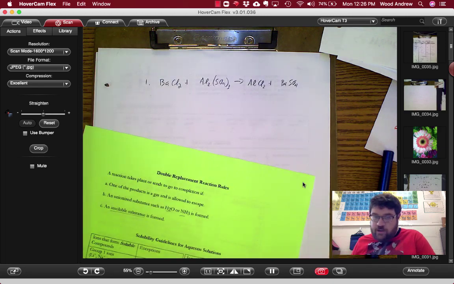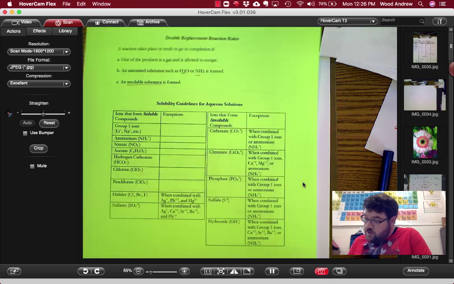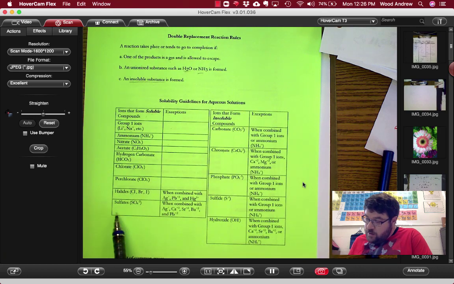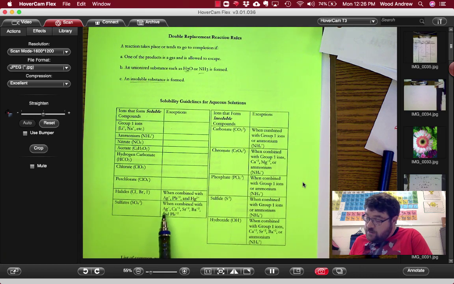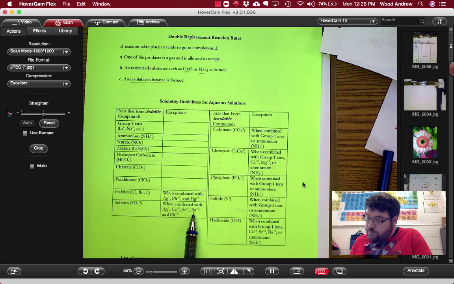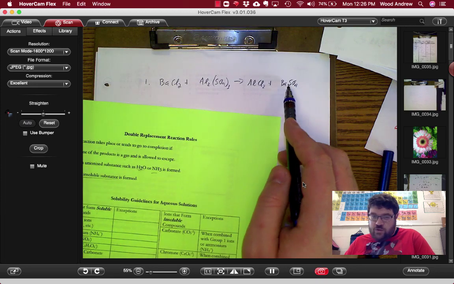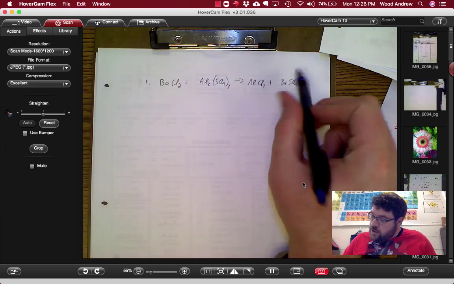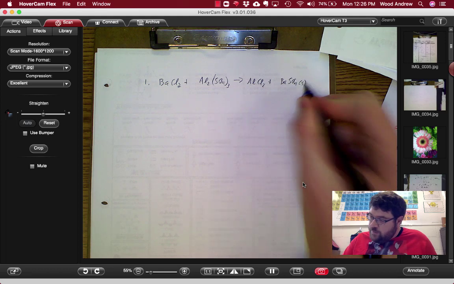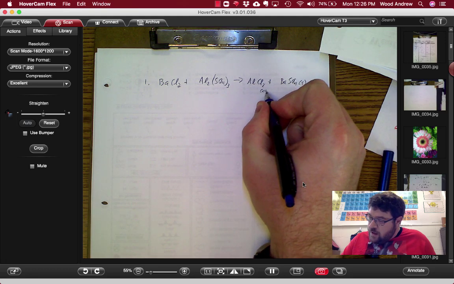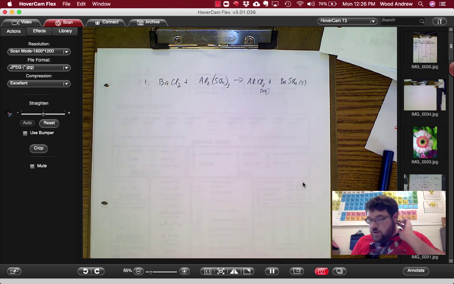So aluminum chloride will be soluble. Sulfates are soluble except silver, calcium, strontium, barium. So this would be insoluble, so that would form a solid precipitate, while this would be aqueous. So this will occur, we're good to go. And then, of course, go back and balance it.